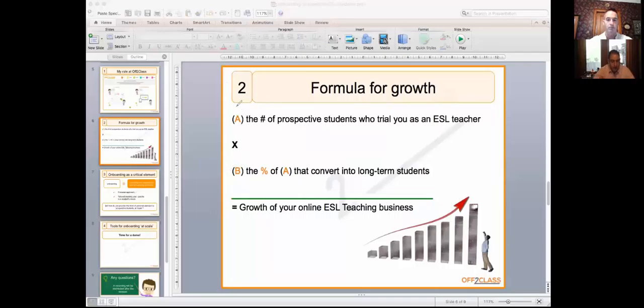And the ironic part is that there's no easy answers in A, and you have much more control in B. When I say there's no easy answers in A, it's a lot of work. Generating leads, there's no easy answers. You need to use all means necessary. You need to get onto the ground and find student leads however you can, whether it's online or in person. But B, you have much more control of.